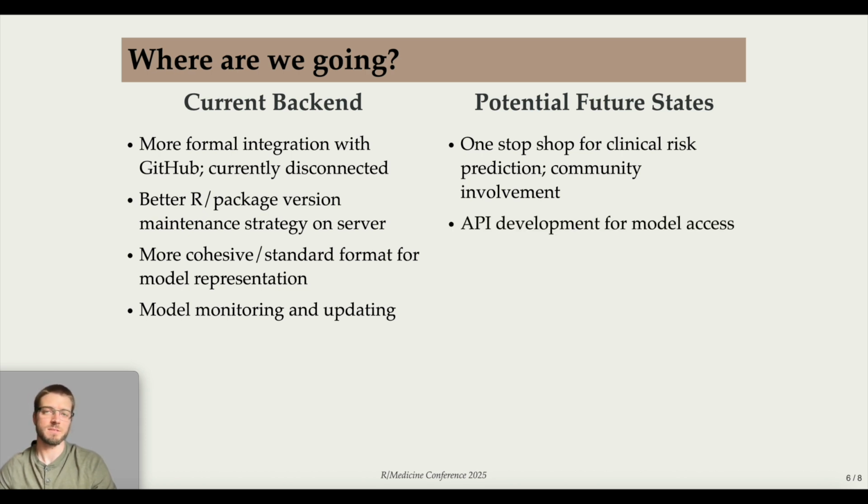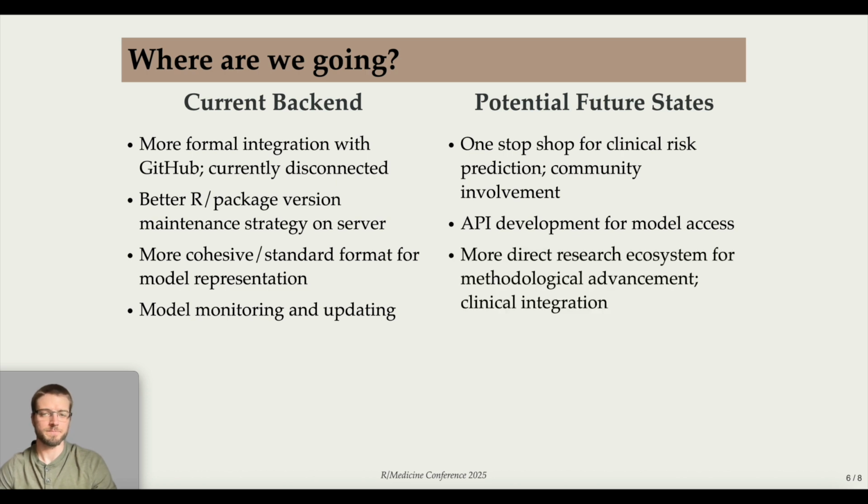API development: can we make some of these models programmatically accessible to different organizations to be able to take our model output and use it in their own applications? And then thinking more broadly as a research ecosystem around this risk calculator framework.